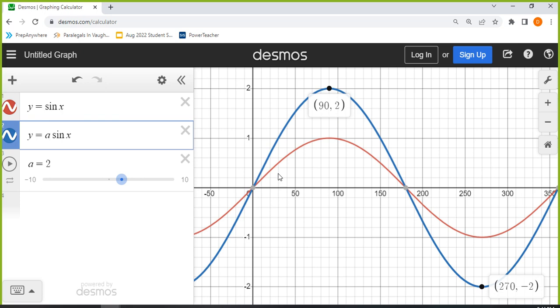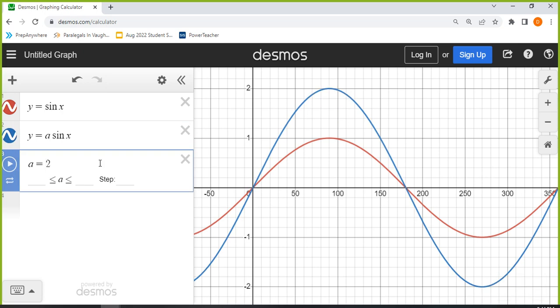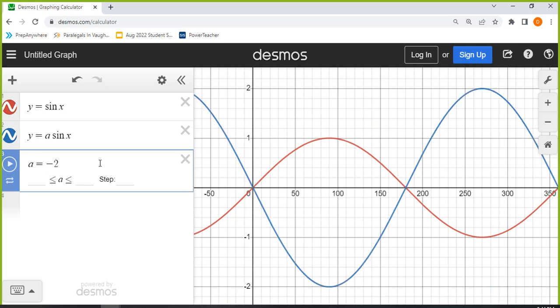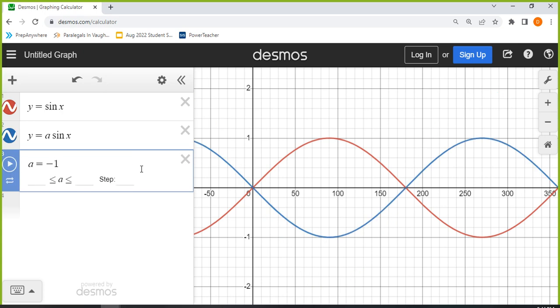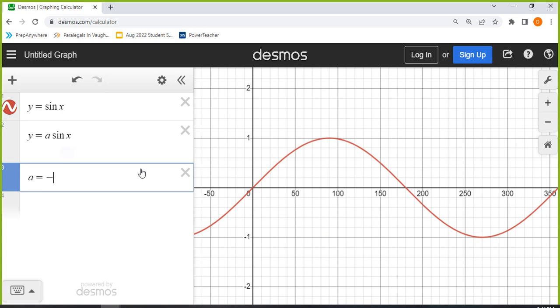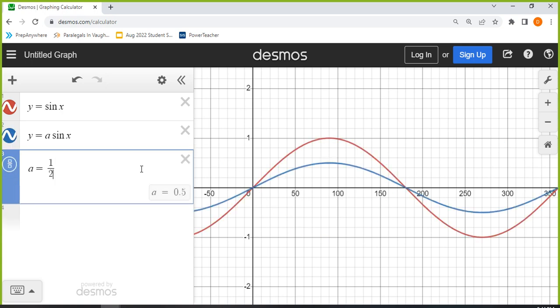So we have the amplitude value of 2. All right, if I make it something like -2, the whole graph is going to flip, and it's going to be reflected in the x-axis. All right, if I make it -1, we have a graph that's going to match y equals sin x, just reflected in the x-axis. All right, and then if I make the a value something like a half, we can see that it got compressed vertically by a factor of half.